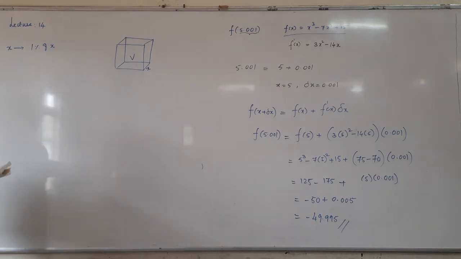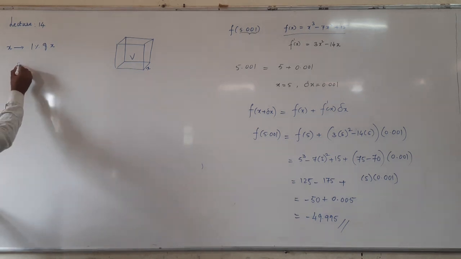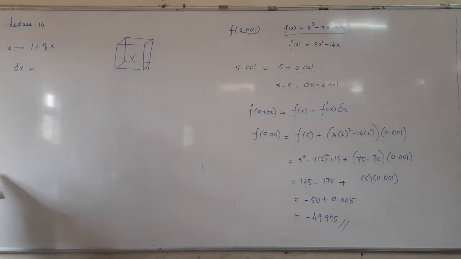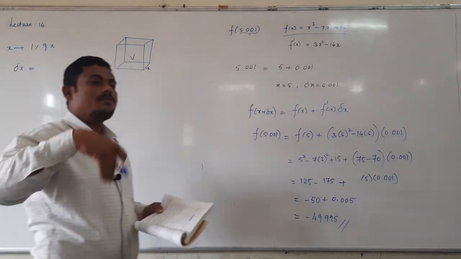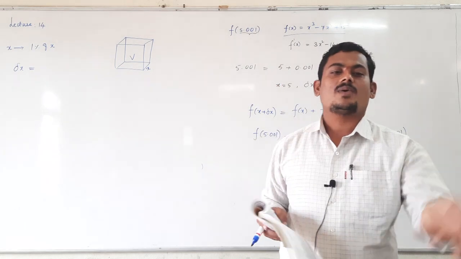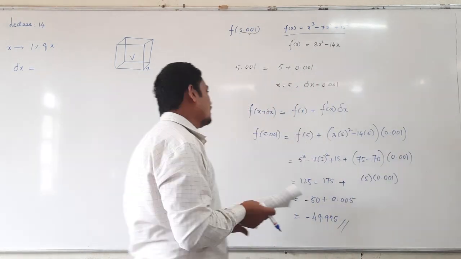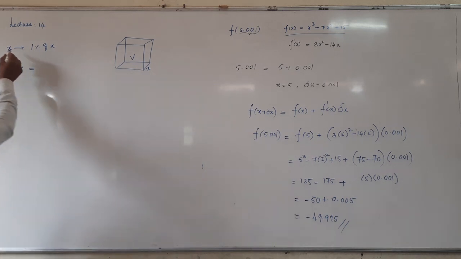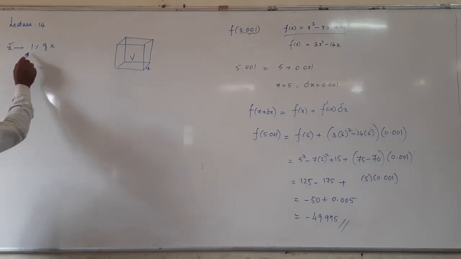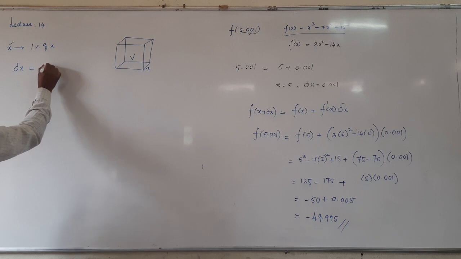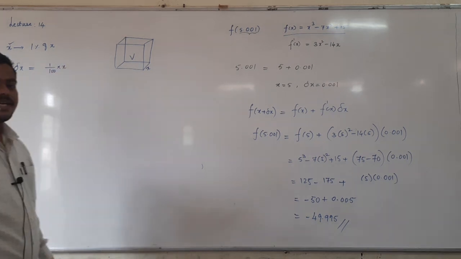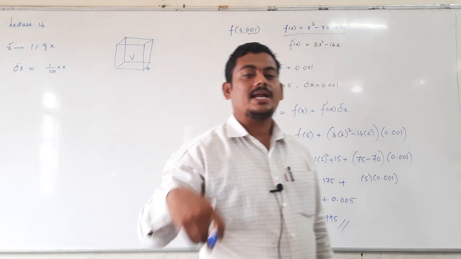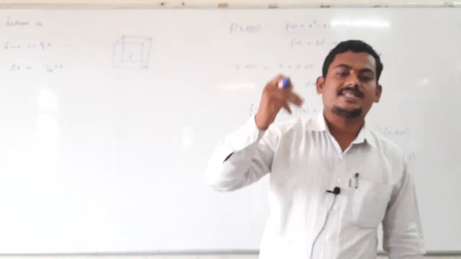Change in x means delta x only. What is delta x here? Change in x means delta x. Then the change in x is 1% of x. 1% of x means 1 divided by 100 into x, that is x divided by 100. 2% of x means 2x divided by 100.